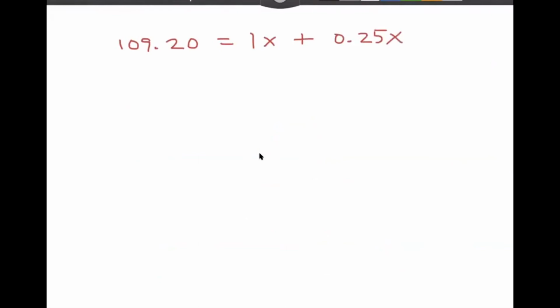And now think about what is 1X plus 0.25X. It is 1.25X, right? Okay, so to solve for X, I'm going to divide both sides by 1.25.